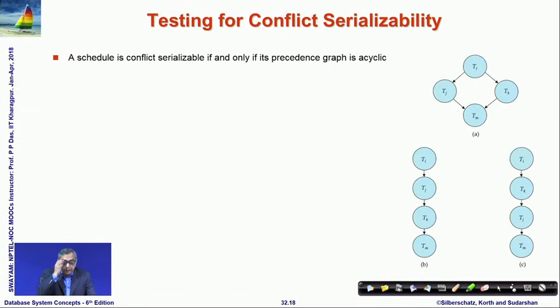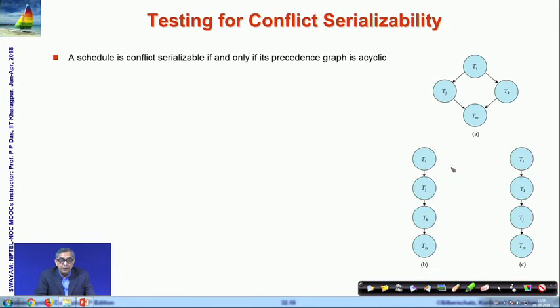A schedule is conflict serializable if and only if its precedence graph is acyclic. Naturally, if it is acyclic like this, then I can actually do a topological ordering of these nodes, and we can find a serial schedule.